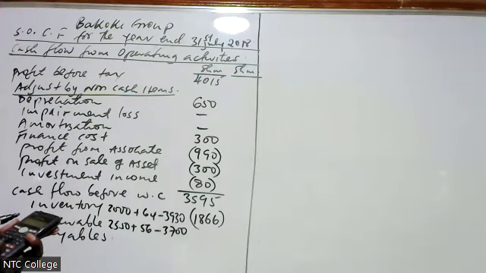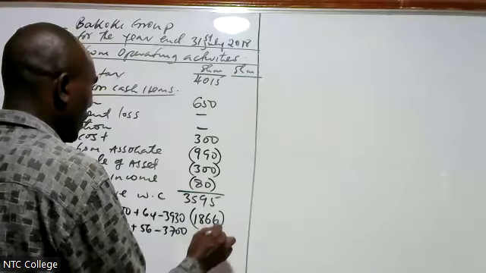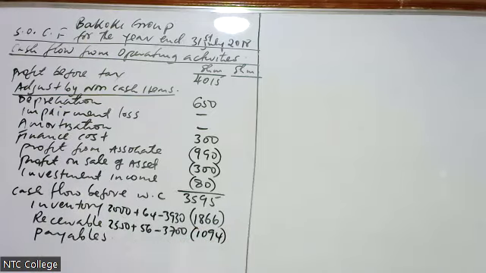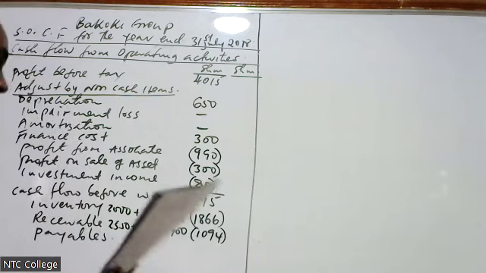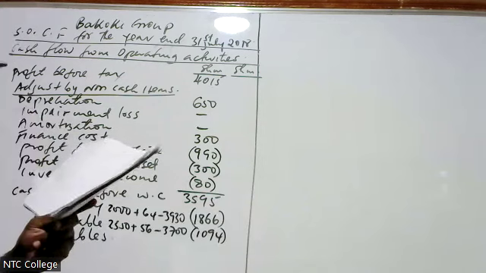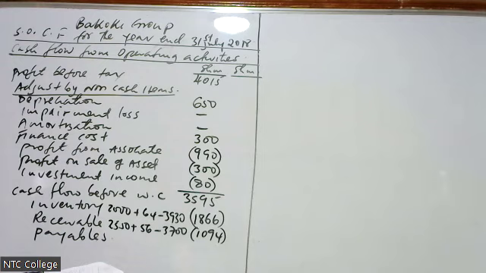That is 2550 plus 56, 2606. When I compare with that 3,700, that is 1094. 1094, but it is increase, we less. 1094, increase, we less. Then we go to payables. I believe you are following.